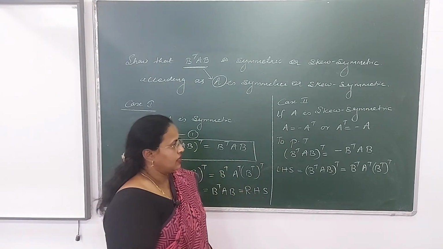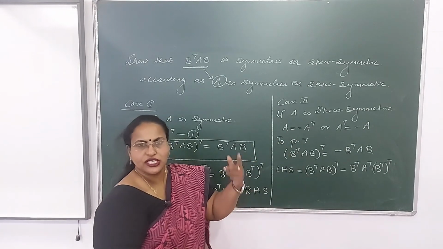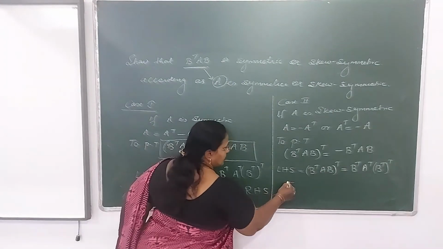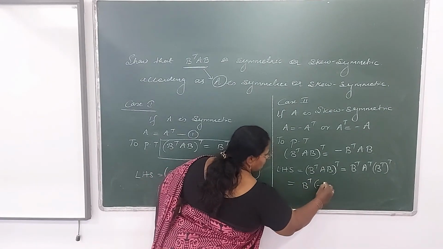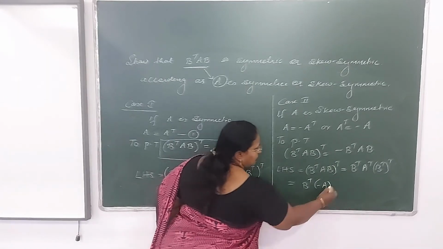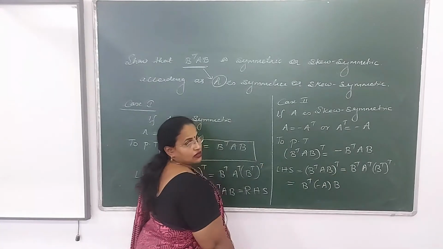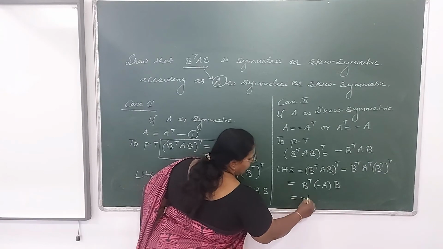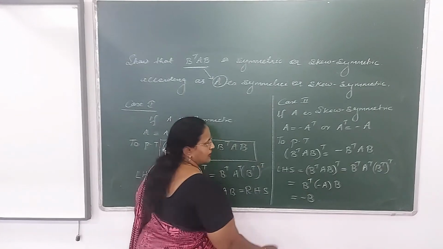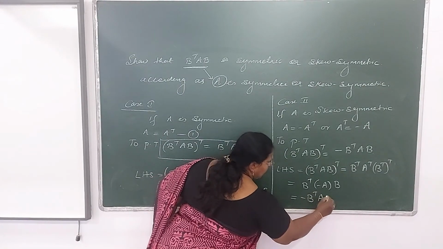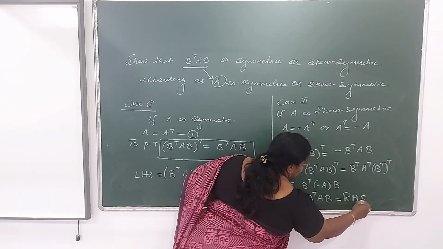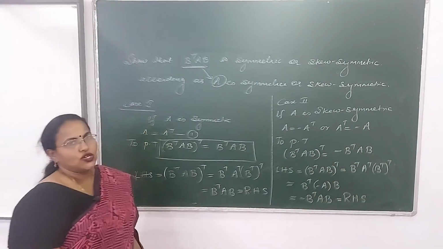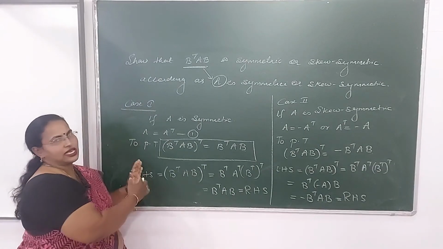It's minus A. B transpose whole transpose is B. So replacing it, it's B transpose, A transpose is minus of A, B transpose whole transpose is B. Now this we can rewrite as minus of B transpose AB. That means this is the RHS. So children, dear children, go through this case 1 and case 2.